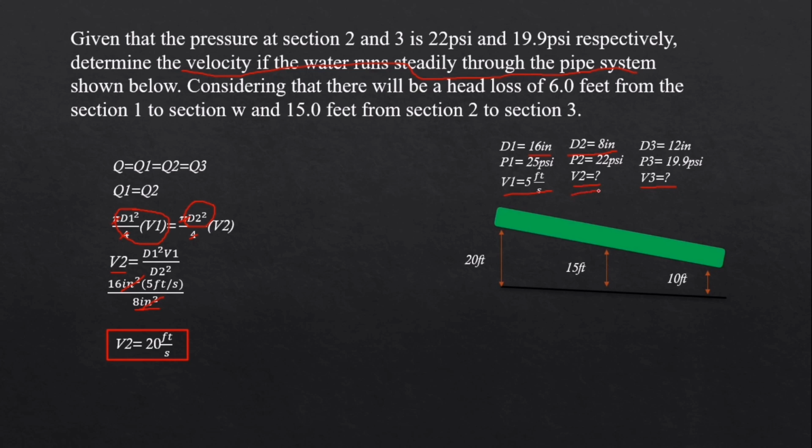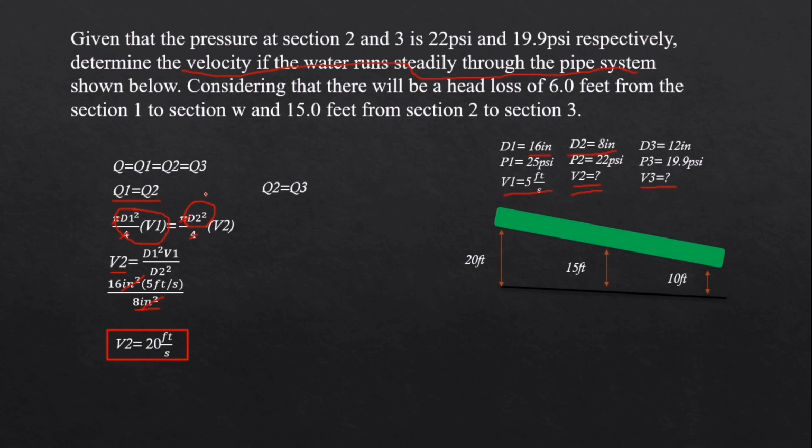So in this situation, we need to find the velocity in section 3. Therefore, if Q1 is equal to Q2, then definitely Q2 is equal to Q3.